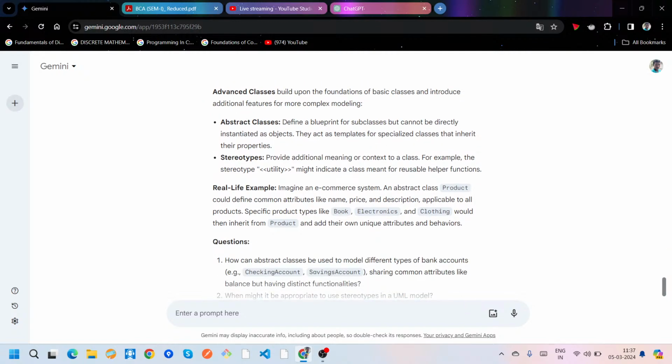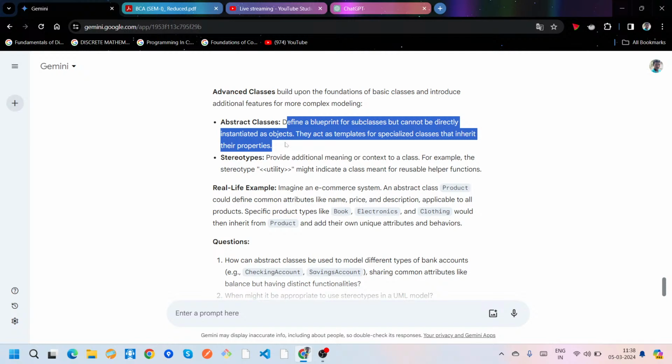First of all, abstract classes. Abstract classes define a blueprint for subclasses but cannot be directly instantiated as objects. They act as templates for specialized classes that inherit their properties.